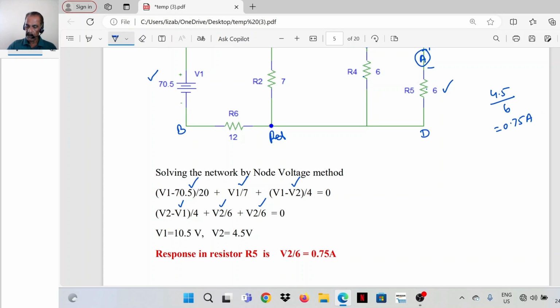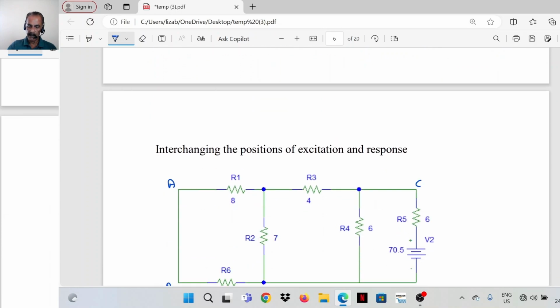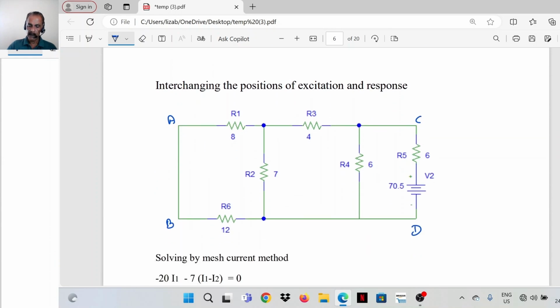Now, the positions of excitation and response we have to interchange. That is, excitation is brought to branch CD, the 70.5 volt voltage source is brought to branch CD, and we have to find the response through this branch. I'll connect an ammeter here. Now again we have to find the current in branch AB.